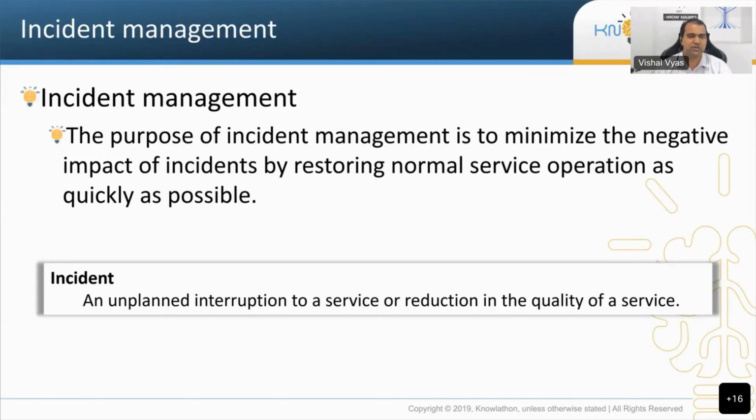Let me give an example to differentiate between these two. You guys use payroll system in your organization? Which calculates and manages your payroll. Your organization's payroll system is down. What is the impact? Salary will not be processed.